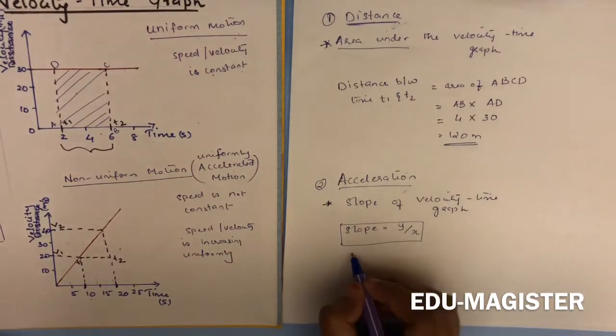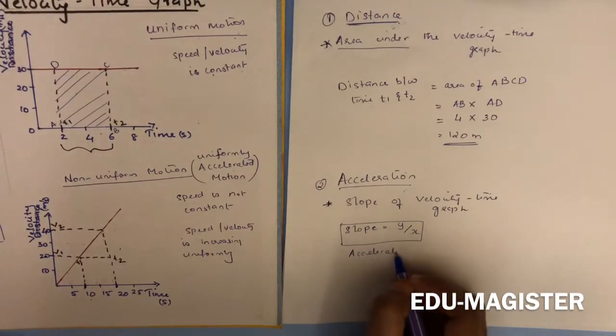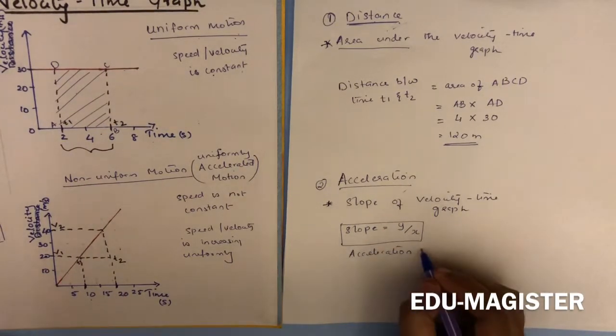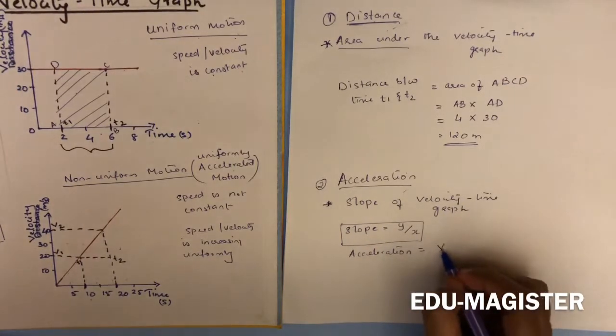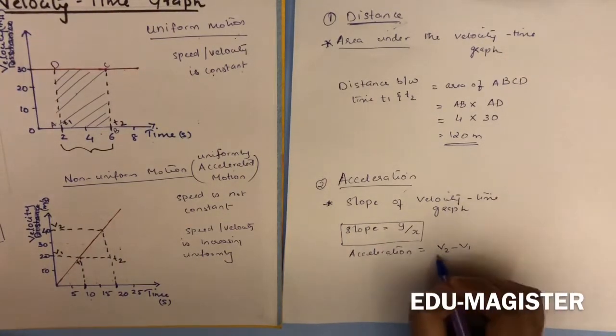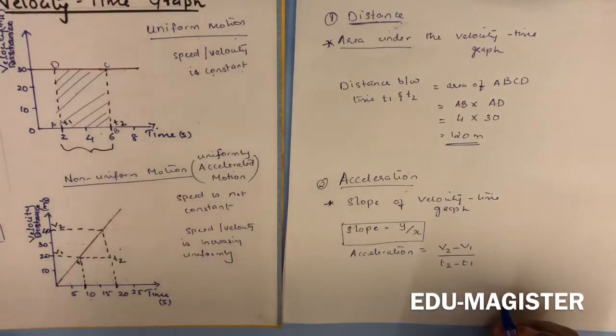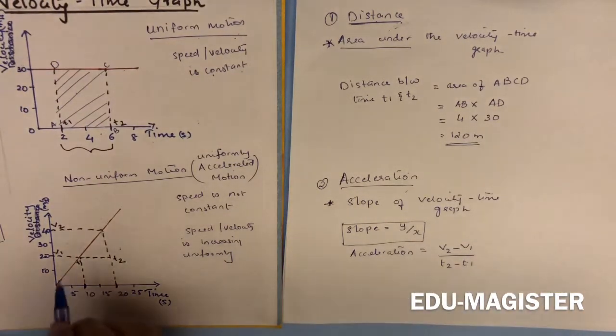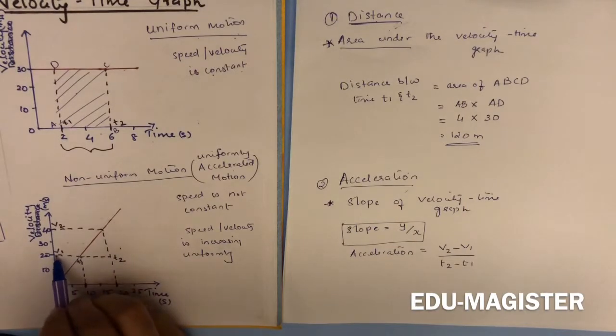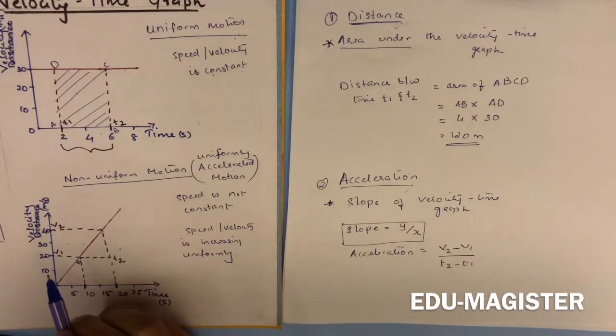Now acceleration is V2 minus V1 by T2 minus T1. We all know that acceleration is the rate of change of velocity, right?